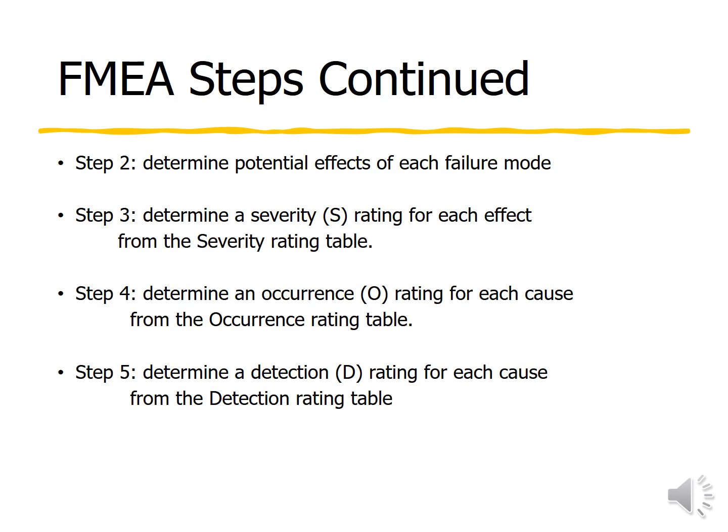Step number 4, determine an occurrence rating for each cause from the occurrence rating table. Fifth step, determine a detection rating for each cause from the detection rating table.